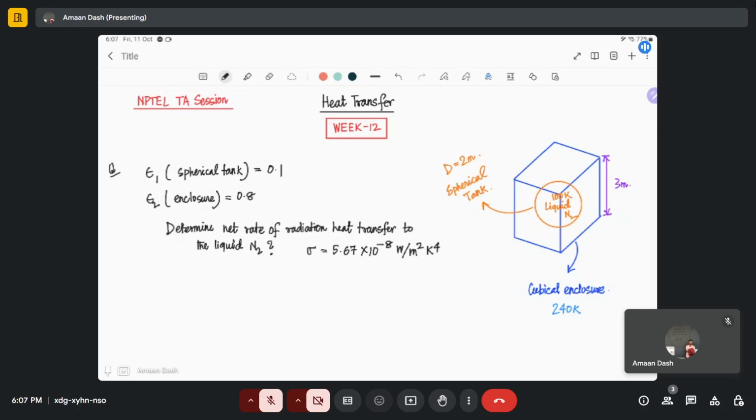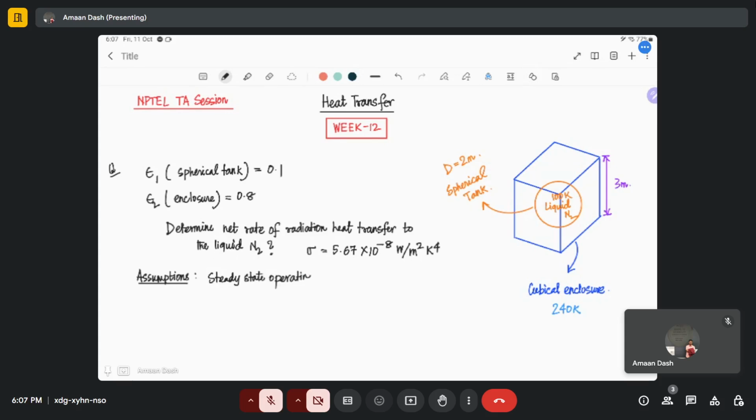The emissivity of the spherical tank and the enclosure are given. So let me write. Let me say epsilon 1 for the spherical tank.